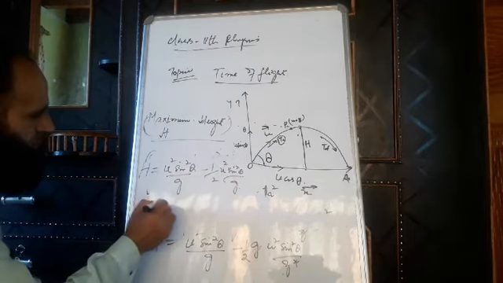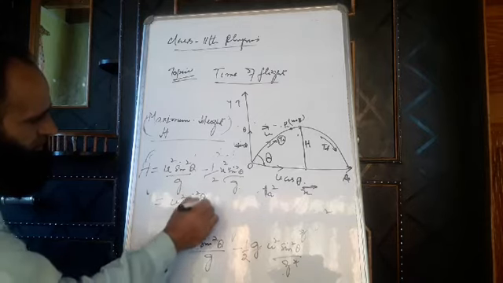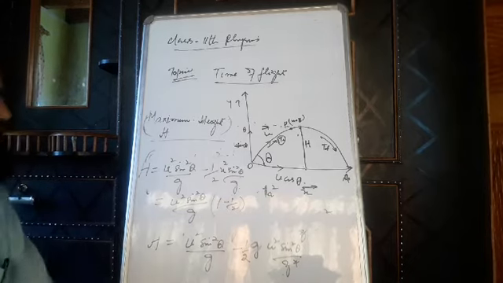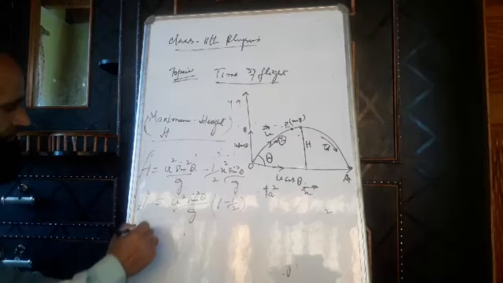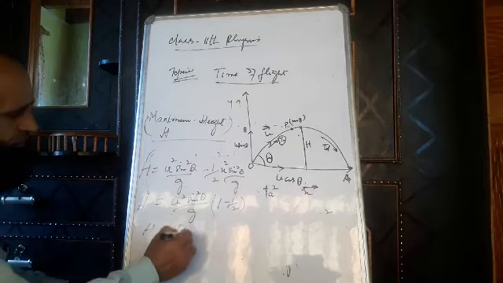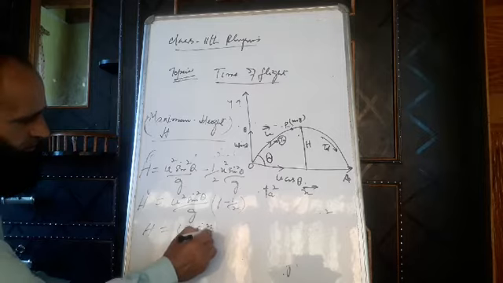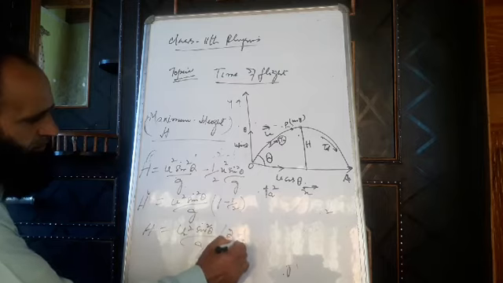We can take u square sine square theta divided by g out. Here remains just 1, and here remains minus 1 by 2. We can multiply it like that: u square sine square theta divided by g into 1 minus 1 divided by 2.